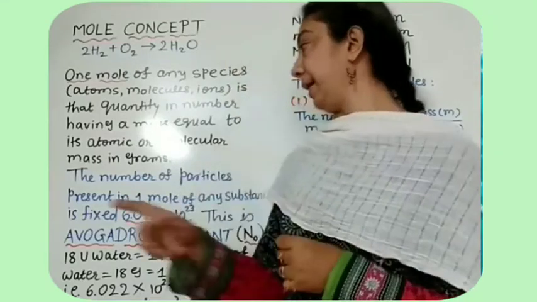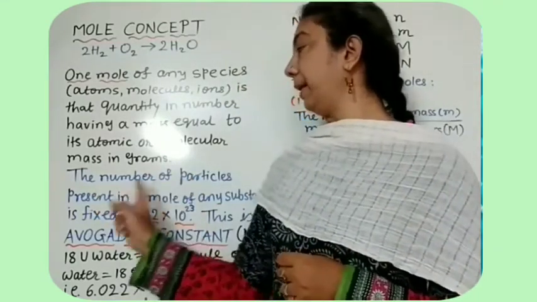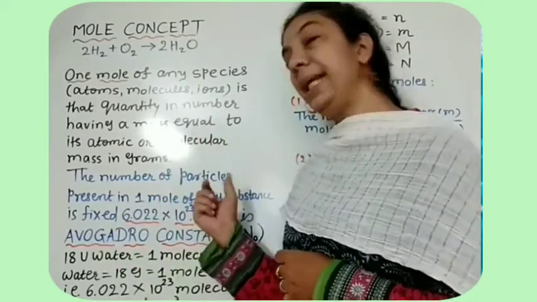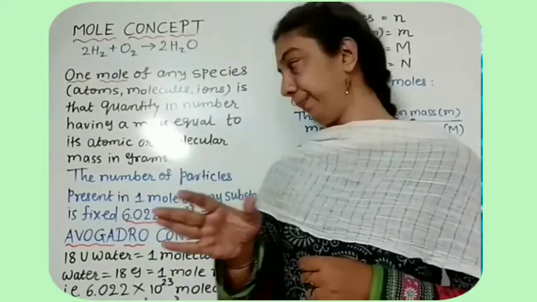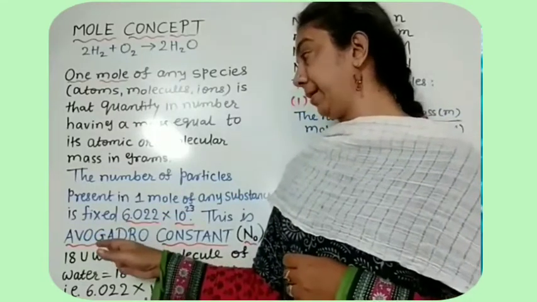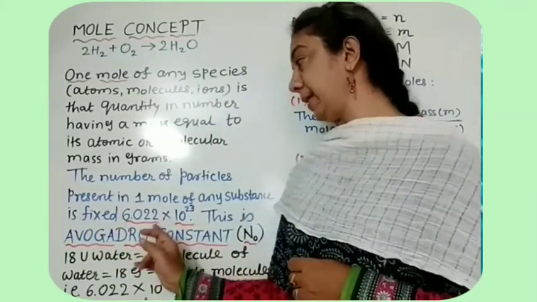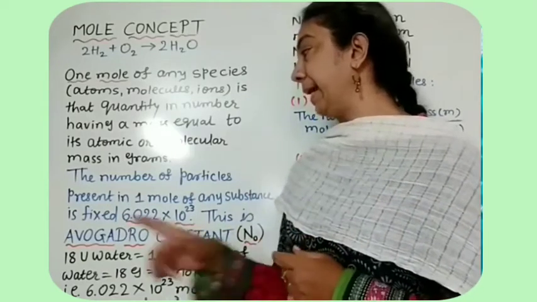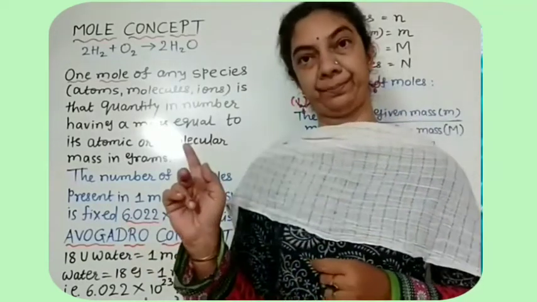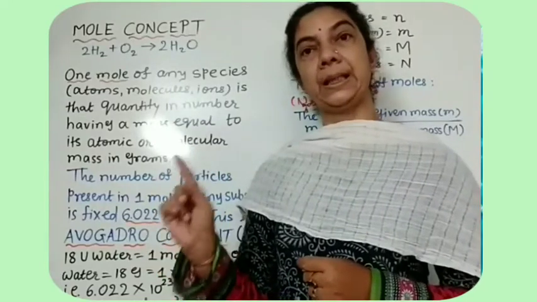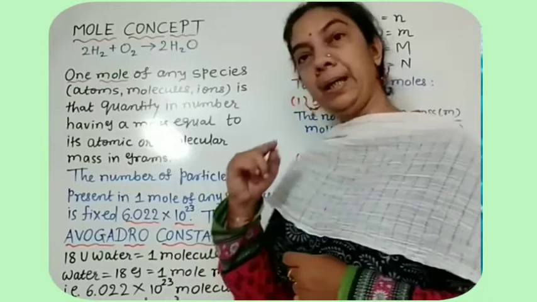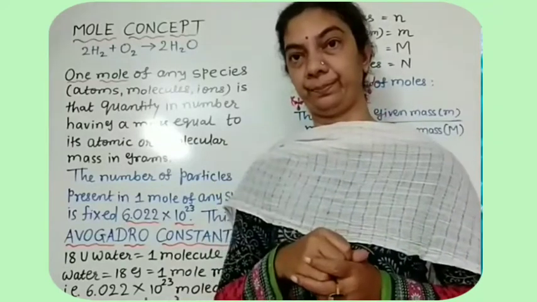So we write that the number of particles present in 1 mole of any substance is fixed, that is 6.022 into 10 raised to 23, and this fixed number is known as Avogadro number, which is denoted by N0.